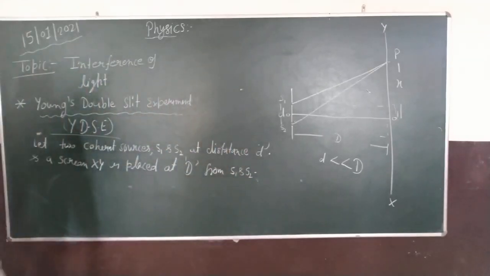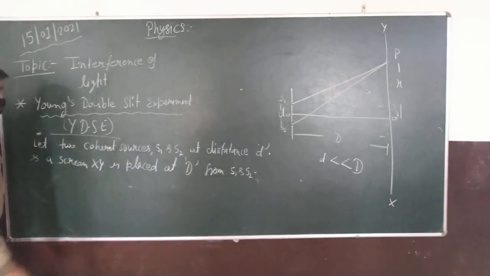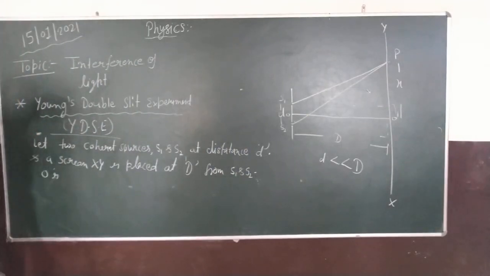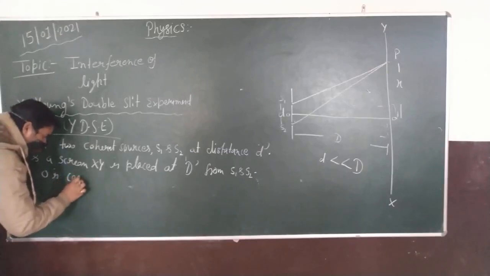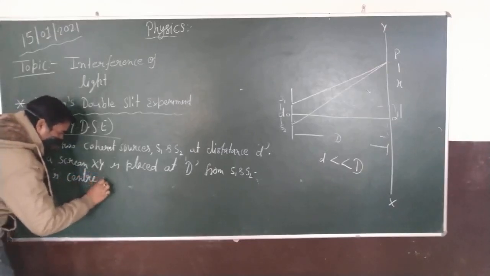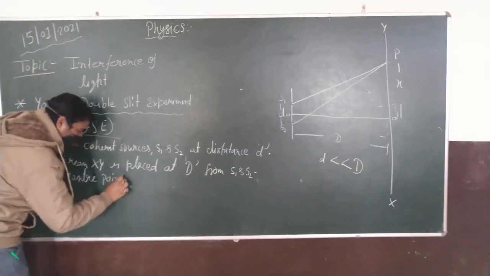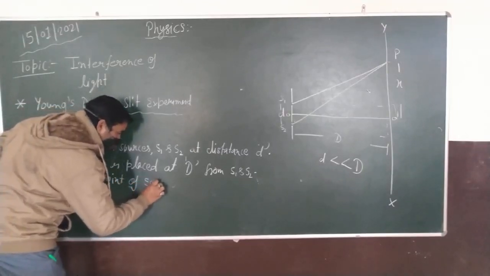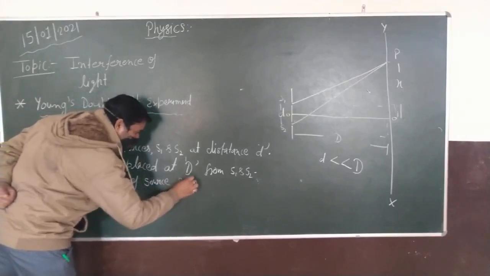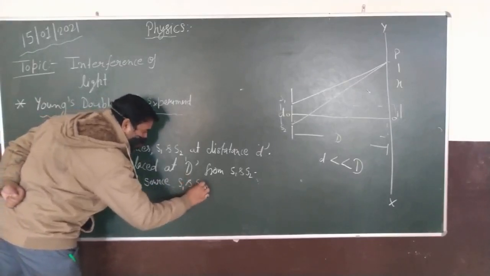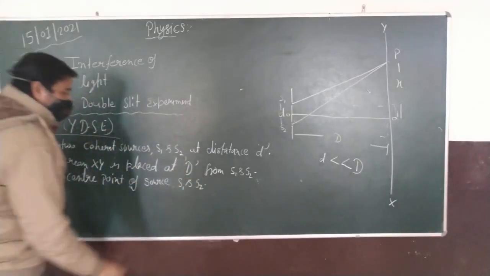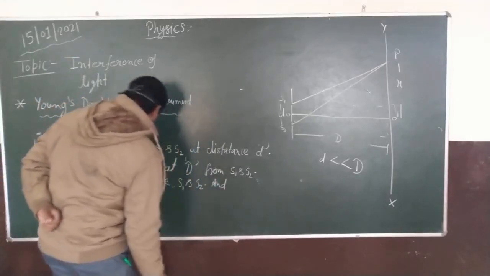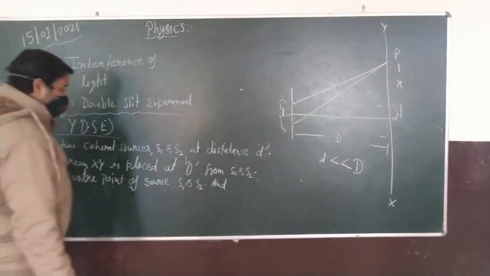Next, O is the center point of sources S1 and S2, and this is the distance between them.